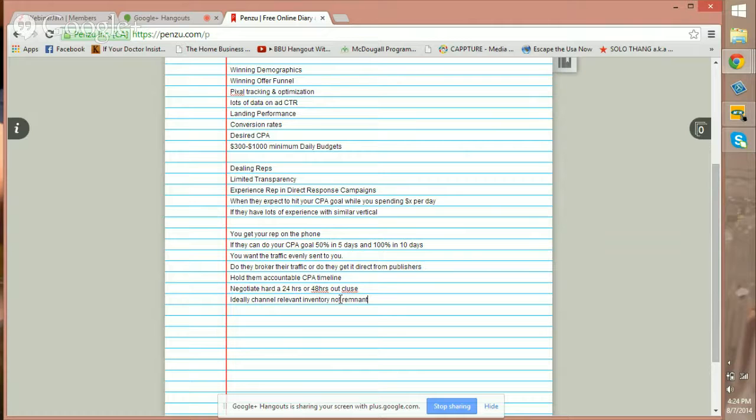Now, remember on top here, I mentioned one of the things you need: tracking, right? Tracking pixel and all those things. So over here, the next point is you need to insist on billing based on your numbers with a 10% maximum variance.